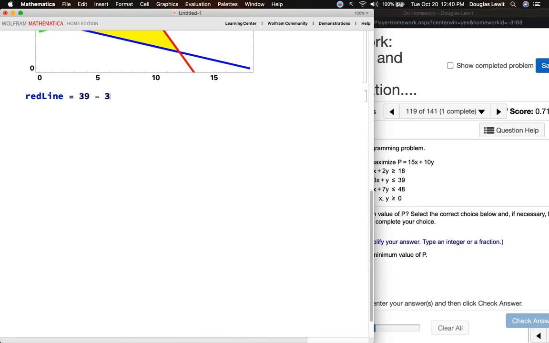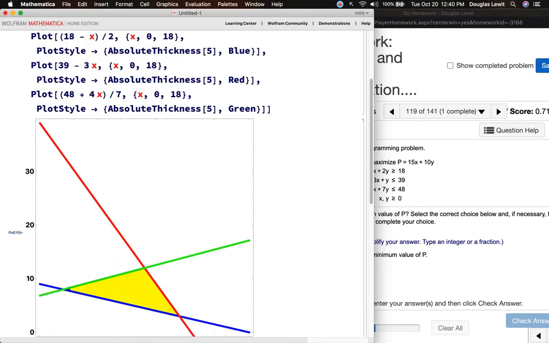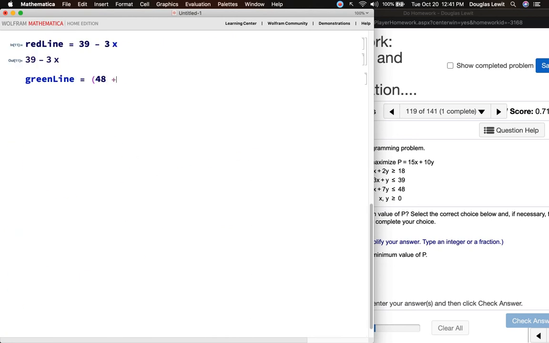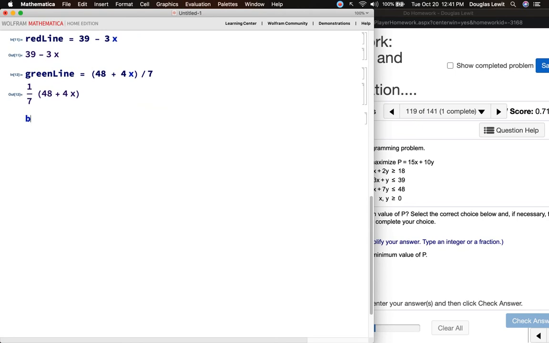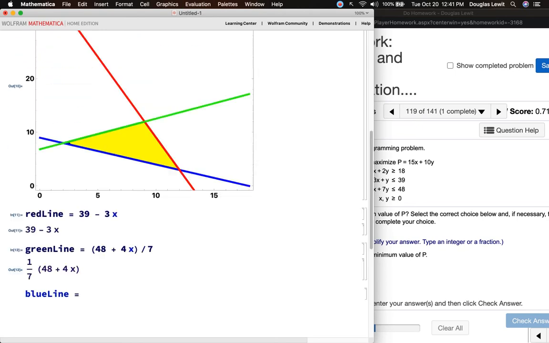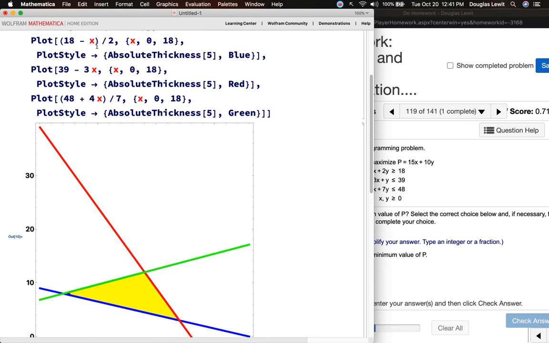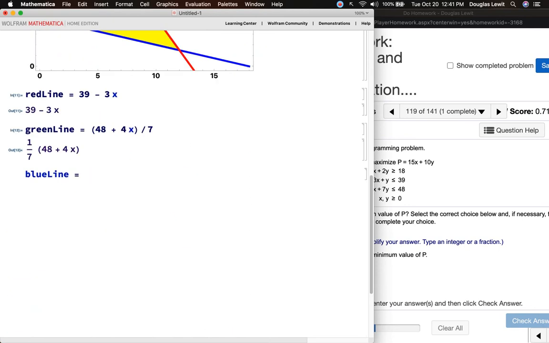The green line is equal to 48 plus 4x divided by 7. And then the blue line is equal to 18 minus x divided by 2.